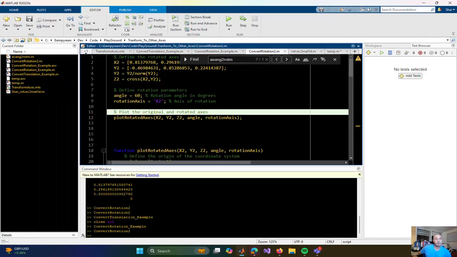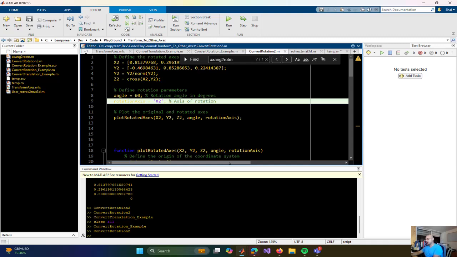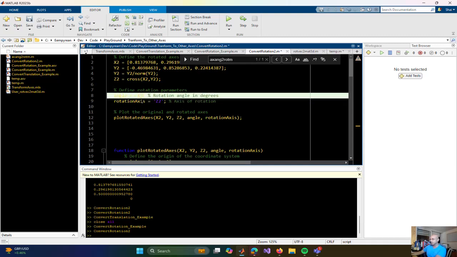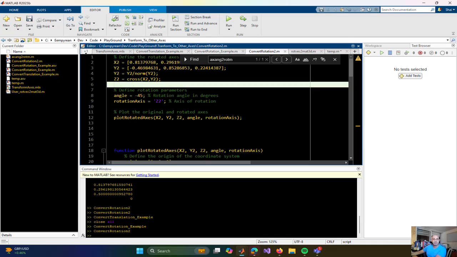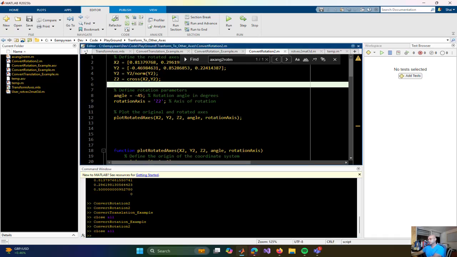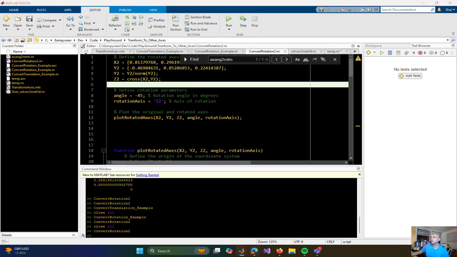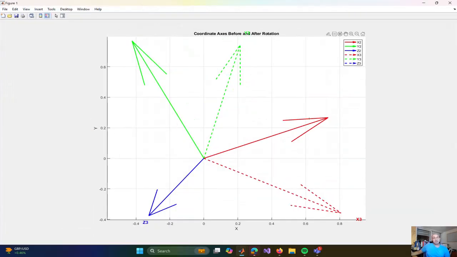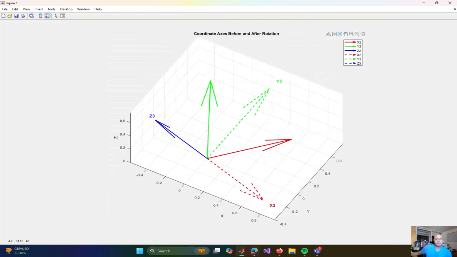Let's repeat the same process and this time rotate about the z, and let's do it by minus 45 degrees. So we can see that the z3 is indeed overlapping z2.